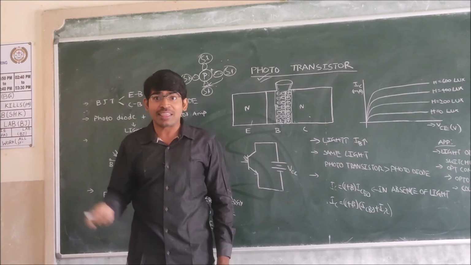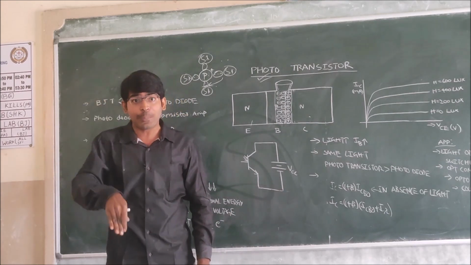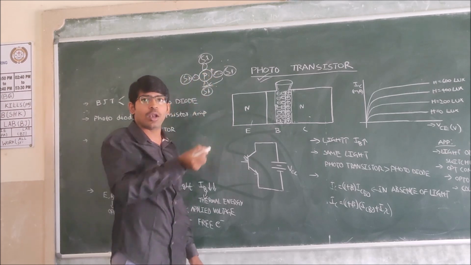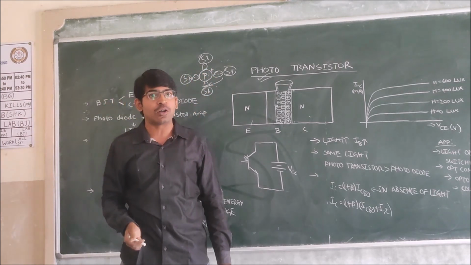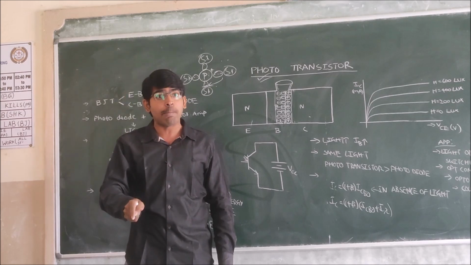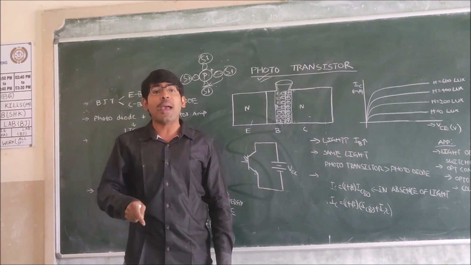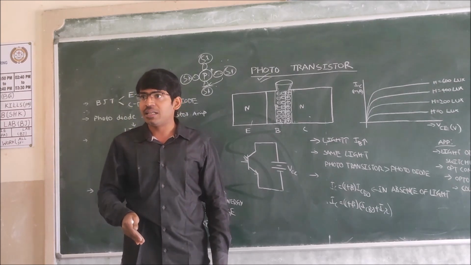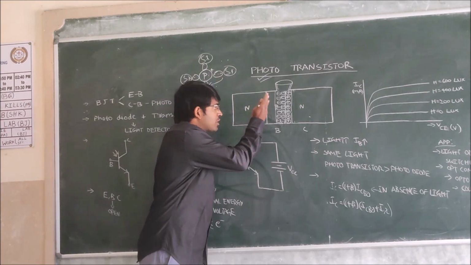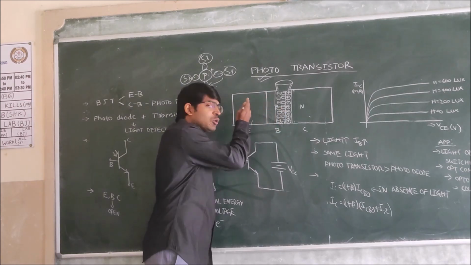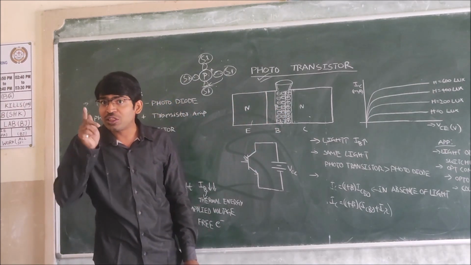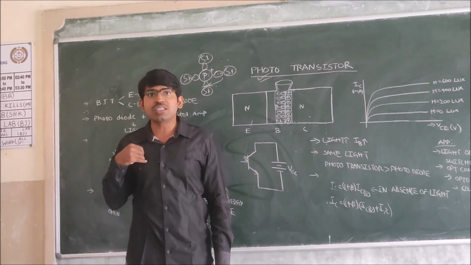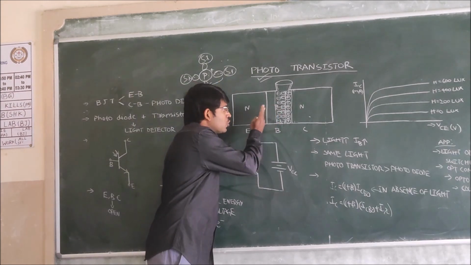That concept we represent as a hole moving from one covalent bond to another. But you should always remember, the hole itself is an imaginary particle and does not actually exist. For our convenience, we say holes are moving to this side.